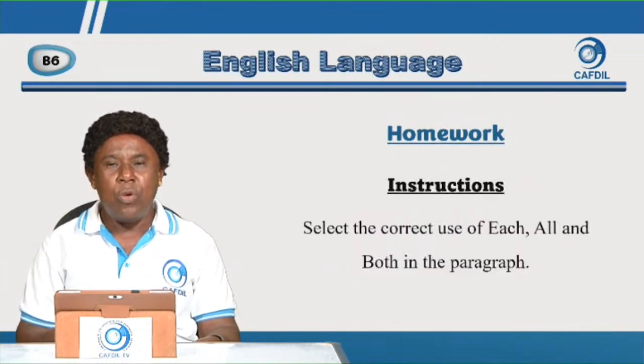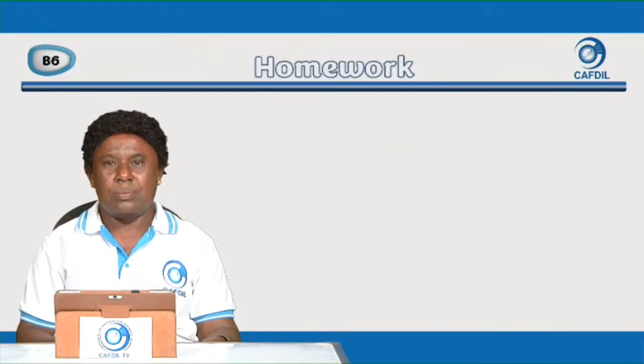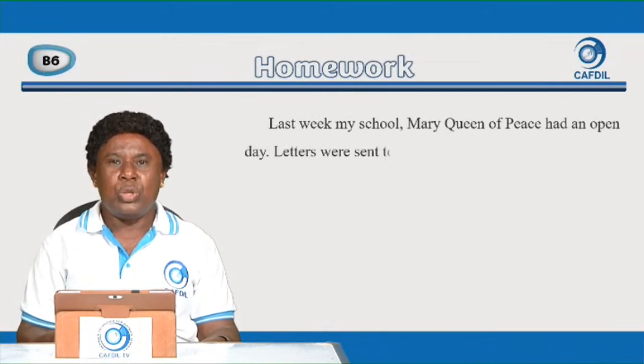Now, so far from what we've learned about determinants, the use of each, all, and both, let's see how we can do this homework. The instruction is, select the correct use of each, all, and both in the paragraph. Let's read it together.